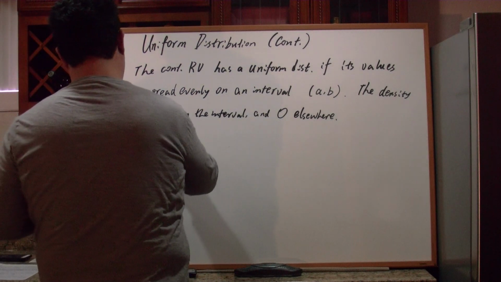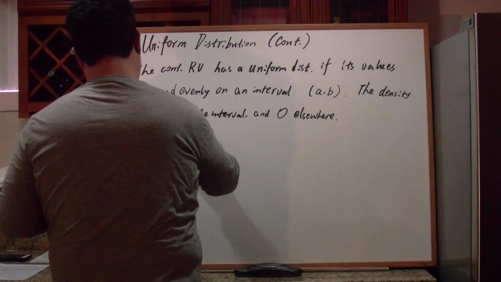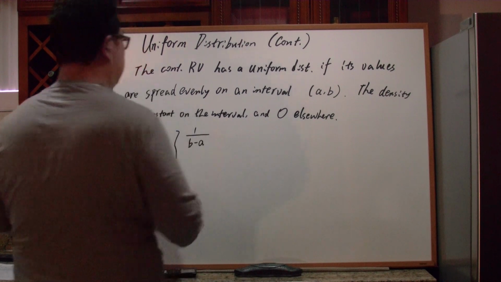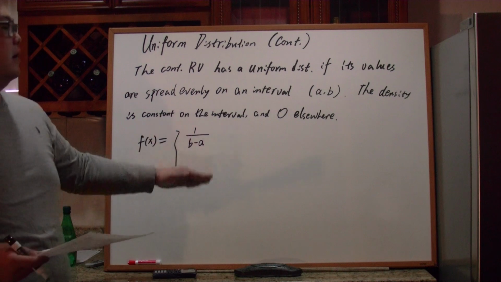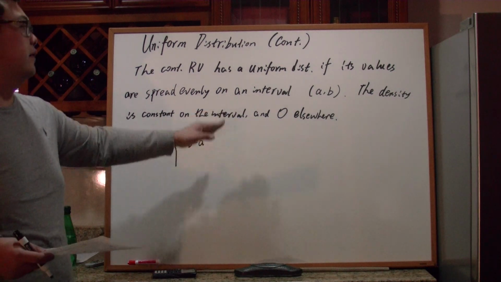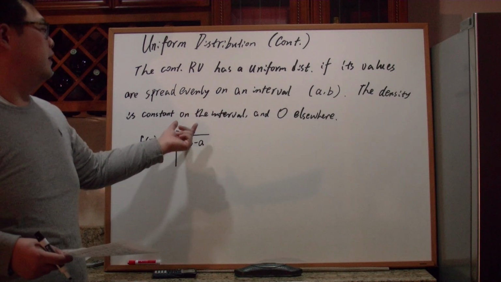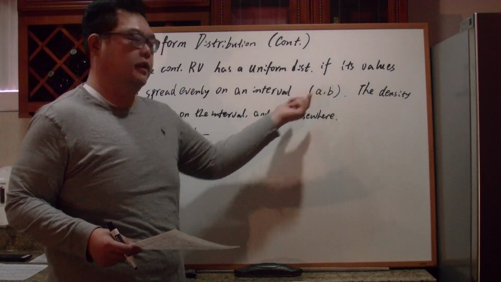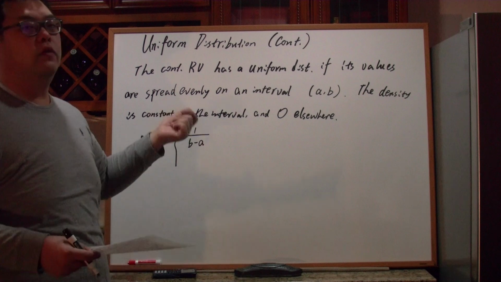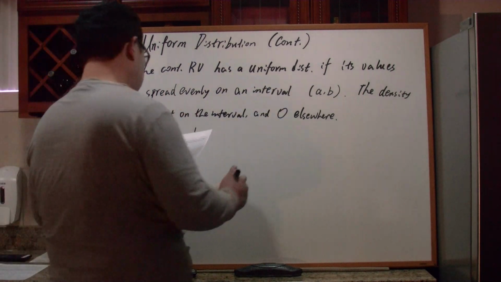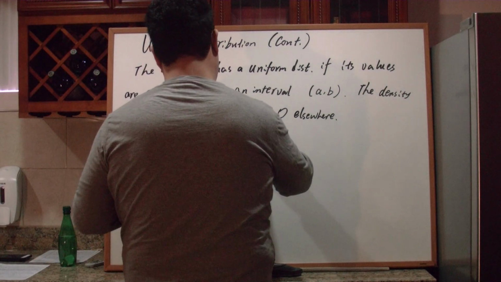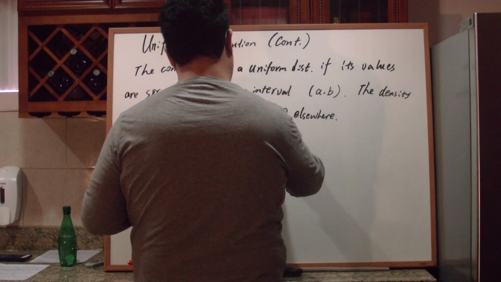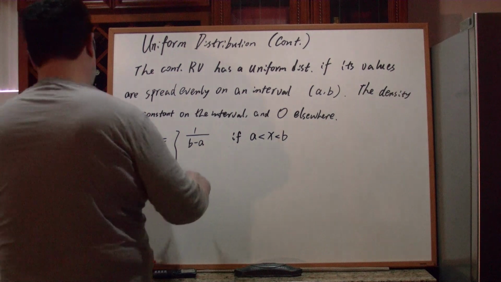Since the entire area under the curve will be 1, and the range from a to b has length b minus a, therefore the density will be 1 over b minus a, for x value between a and b, and 0 elsewhere.